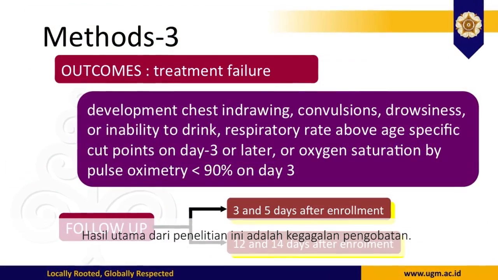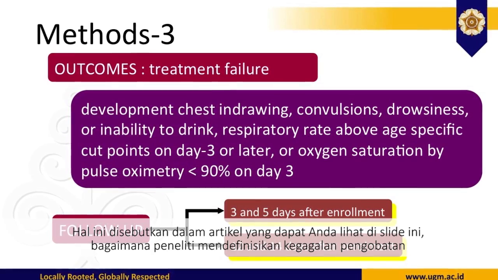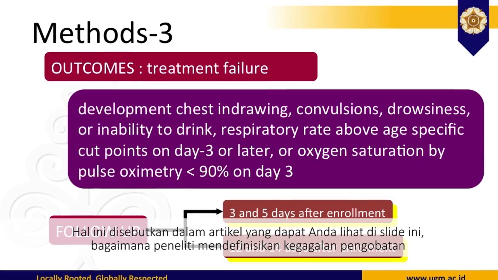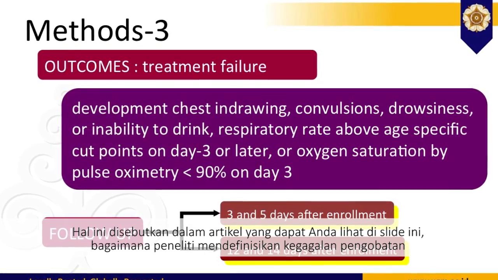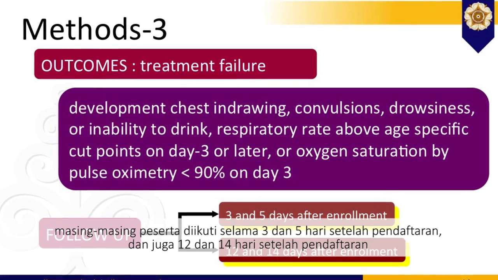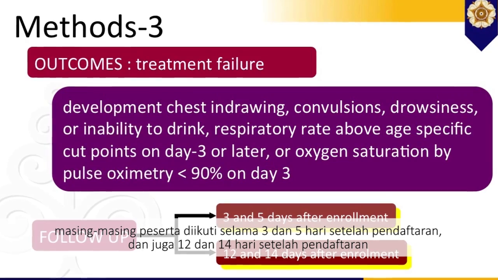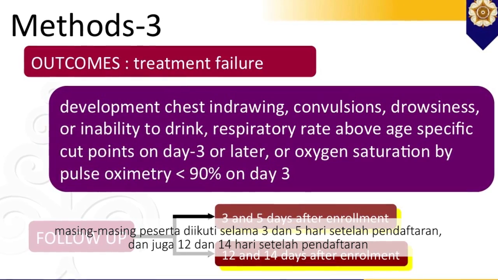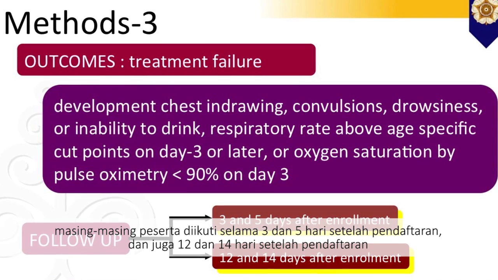The primary outcome of this study was treatment failure. It is mentioned in the article, which you can see in this slide, how the investigator defined the treatment failure. Each participant was followed for 3 days and 5 days after enrollment, and also 12 and 14 days after enrollment.